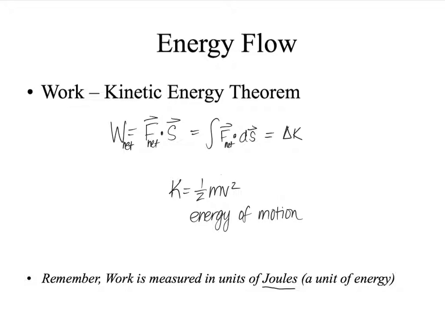And in a sense, what we're saying in this theorem is that when work is done on a system, one of the things that can change is the kinetic energy of the system. If we do a positive amount of work, we expect the kinetic energy to increase. If the work ends up being negative, we expect the kinetic energy to decrease. This is the first example of what I'm trying to describe as energy flow, this work-kinetic energy theorem.